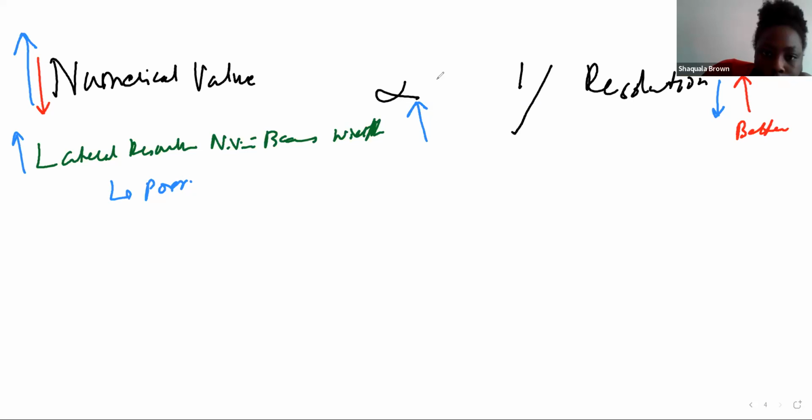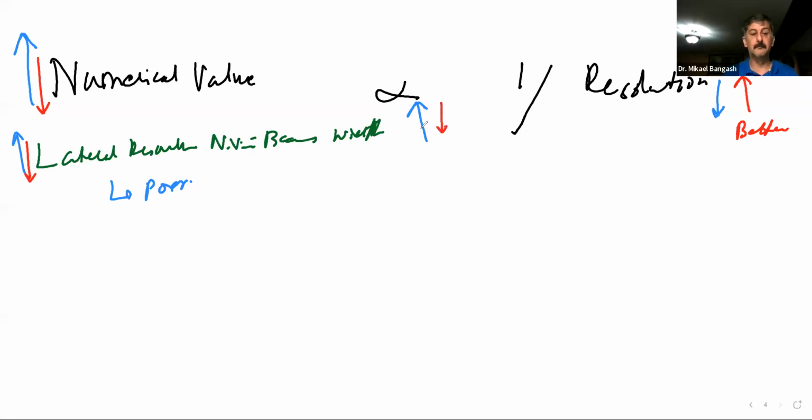Or vice versa. Where we have a low numerical value of the lateral resolution, that means the beam has a lesser width, which mainly means we have a good lateral resolution.